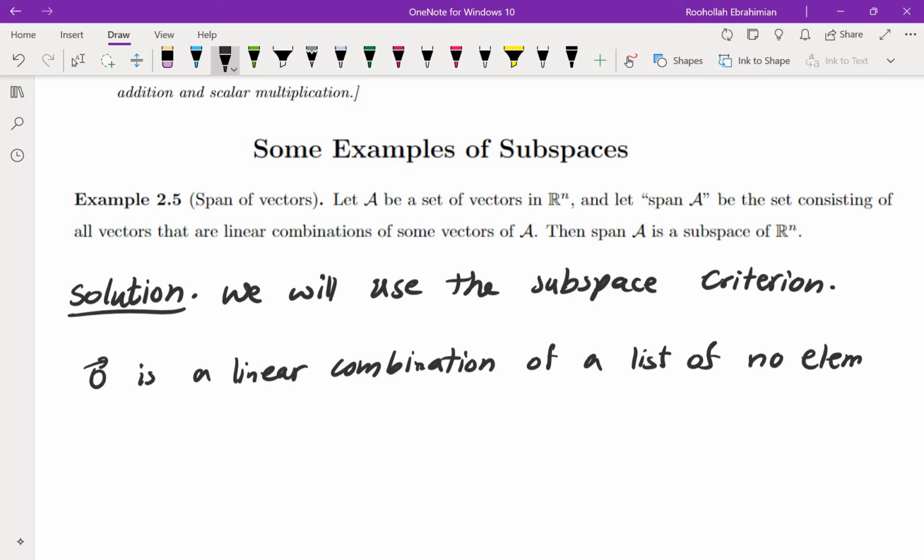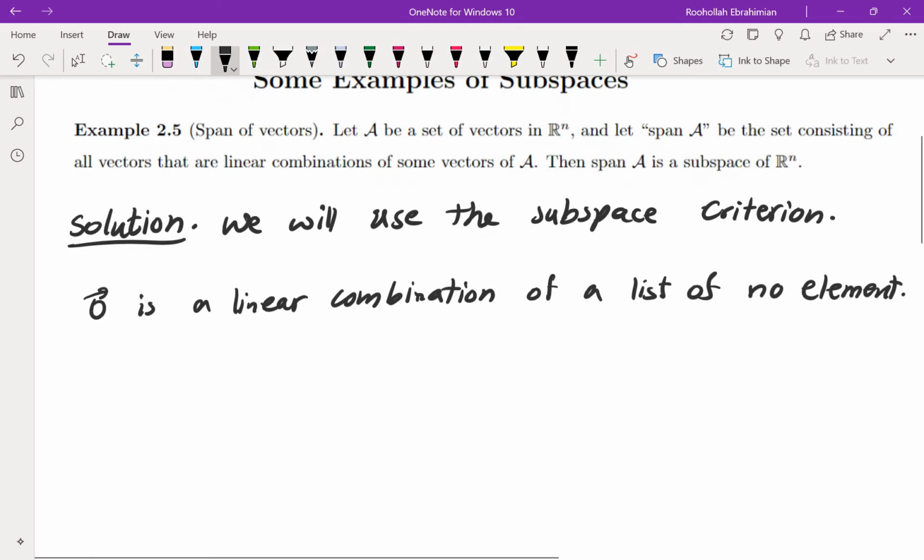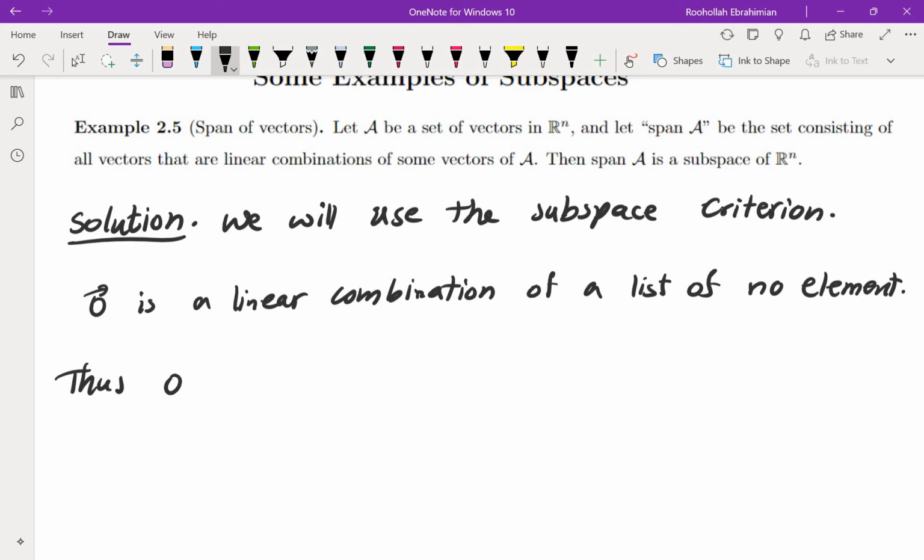This is by definition: if you recall, when we talked about linear combinations, we said if you have the empty set, we consider the linear combination of no vectors as just 0. So this means that 0 is in fact in the span of A. So that's the first step.